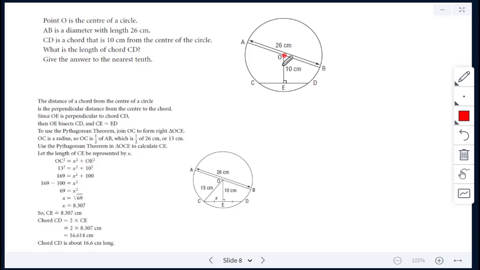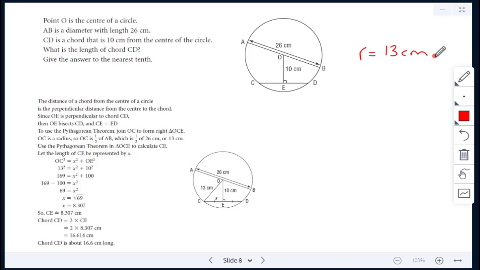So there's the center of the circle, there's the chord, it's 10 centimeters away. So what we are trying to find here is the length of the chord CD. So we have to figure out the length of C to D. All right, so just like we did before, we can use all the information given here, especially from the diameter. We know that our radius will be equal to 13 centimeters.